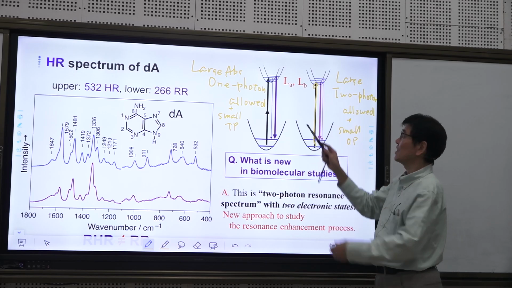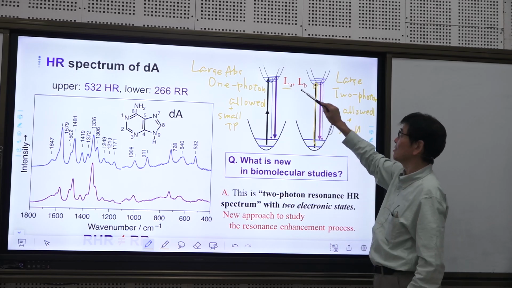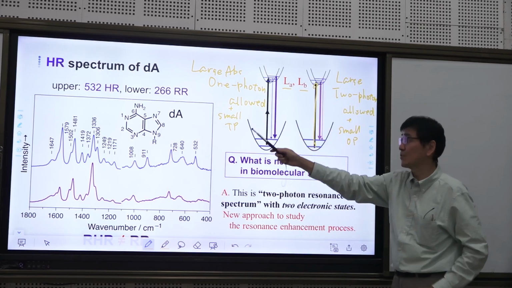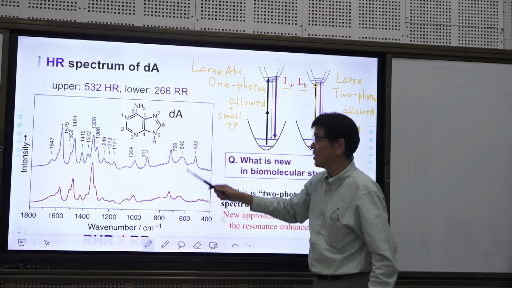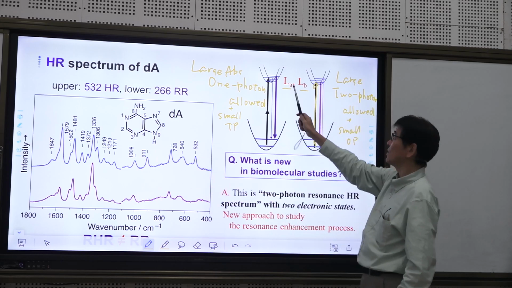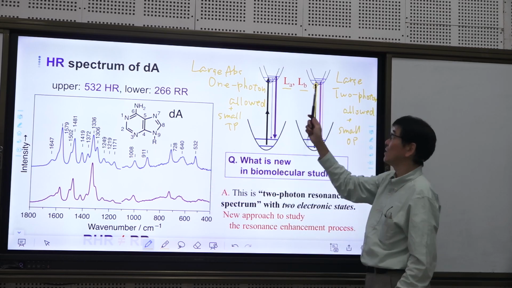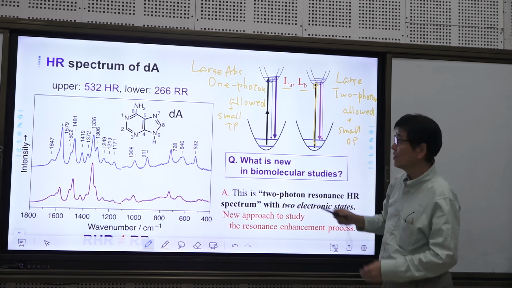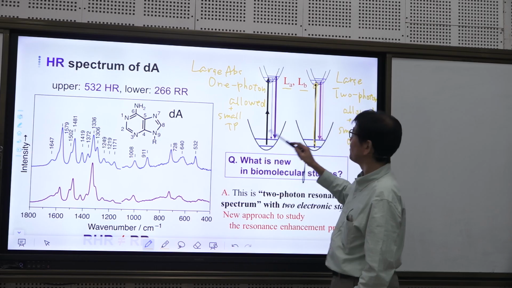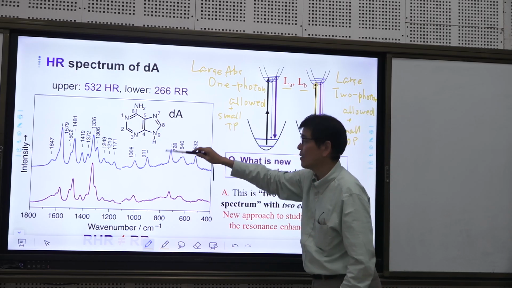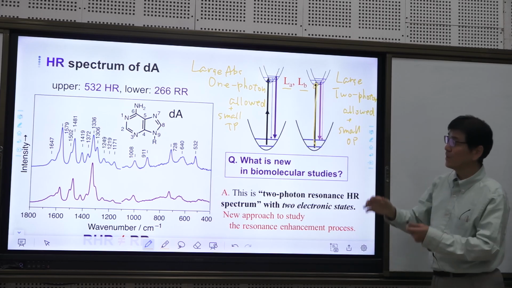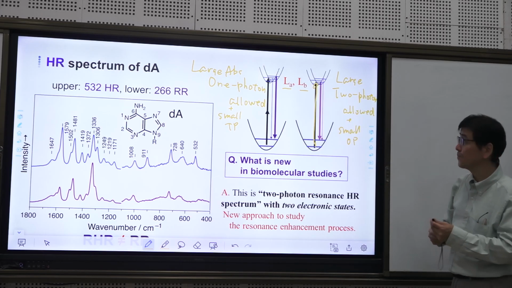So briefly speaking, the significance of the two states is different in the resonance Raman and hyper-Raman process. Then the resonance effect due to LA and effect due to LB becomes different. So in the case of hyper-Raman and resonance Raman, different features appeared.